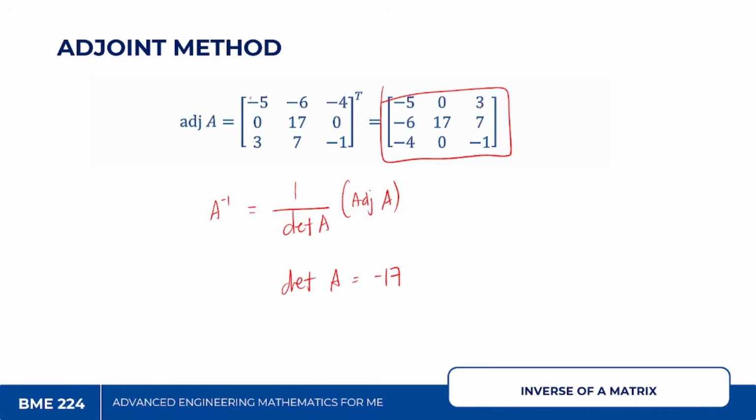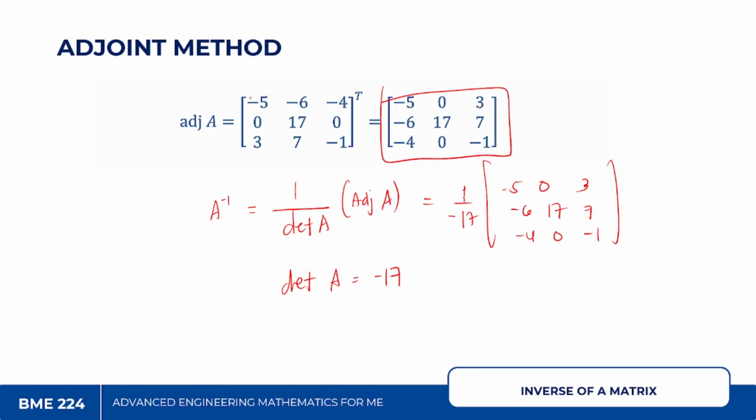So, in other words, that is 1 over negative 17, and then the adjoint A matrix, which is equivalent to this one. So, lagay mo lang yan dito. Okay, that is negative 5, 0, 3, negative 6, 17, 7, negative 4, 0, negative 1.